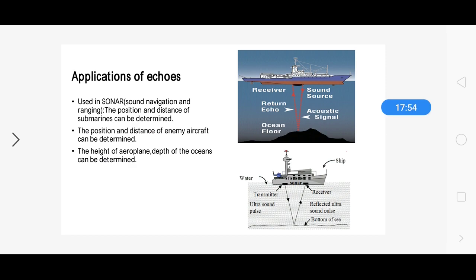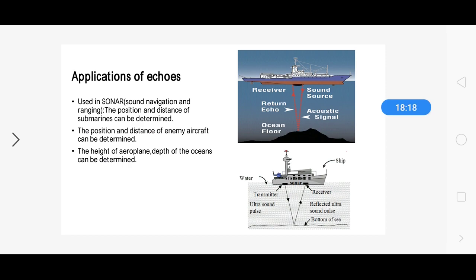The position and distance of submarines can be determined. The actual position or the distance from the surface, where the submarine is, in which direction it is moving, and what is the distance from the ground, can be calculated by using the echo concept.